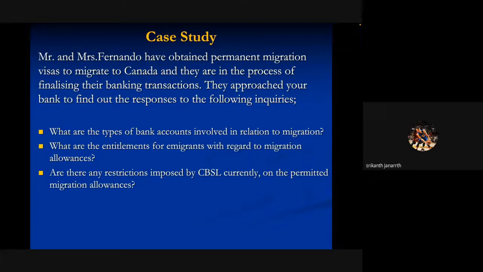Are there any restrictions imposed by CBSL currently on a permitted? Yes, currently. You can say the restrictions brought by them: first time migration, $30,000 or equivalent; then US dollars 10,000 or equivalent for an immigrant already migrated; and US dollars 20,000 for a temporary resident.